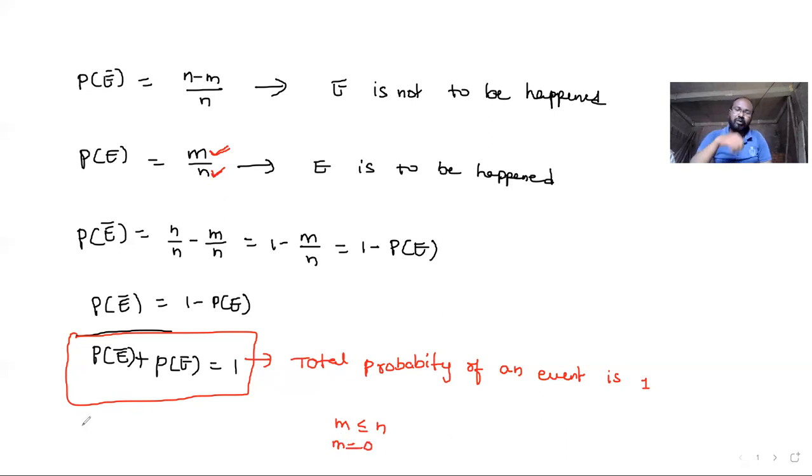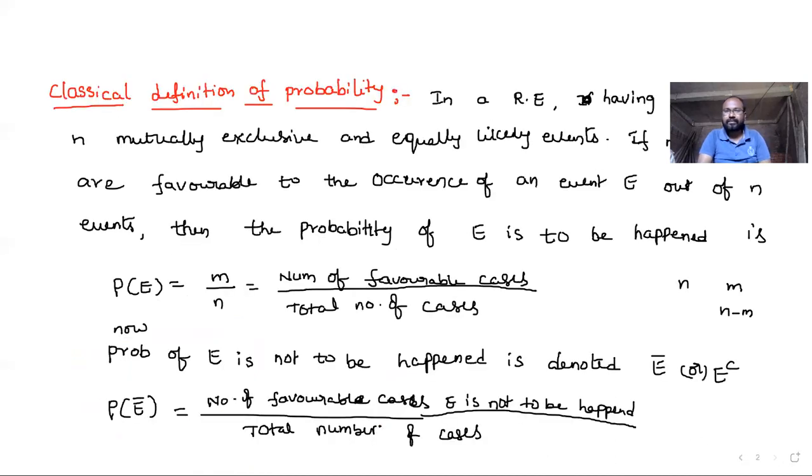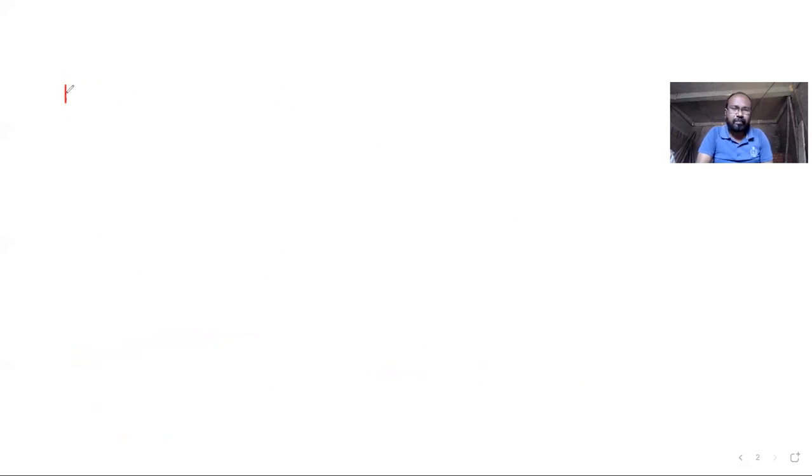So here P of E is equal to m by n, and we have three cases again: m is equal to 0, m less than n, or m is equal to n.